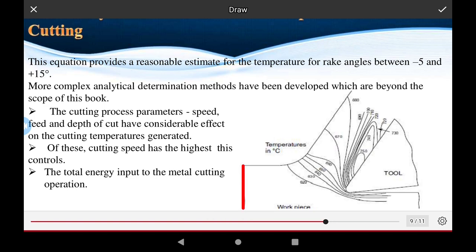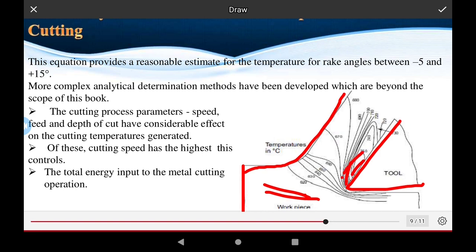This is the workpiece, and this is the chip formation. This is the tool, and this is the chips generated in cutting. More chips are generated in this operation. The tool is at a 4 or 5 degree angle to the chip, and heat is generated in the shear zone.